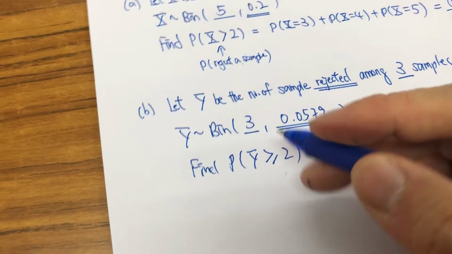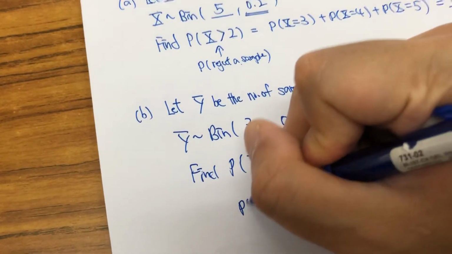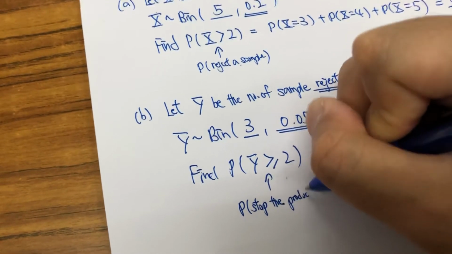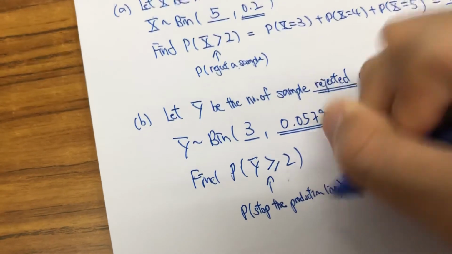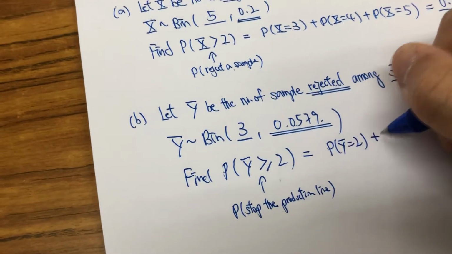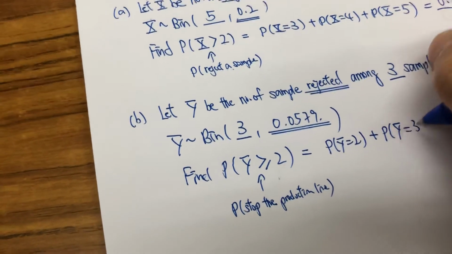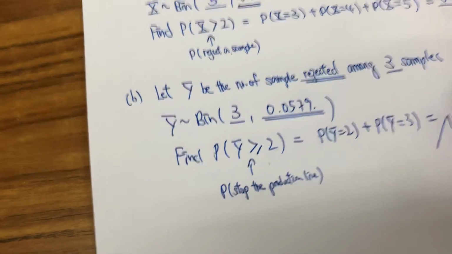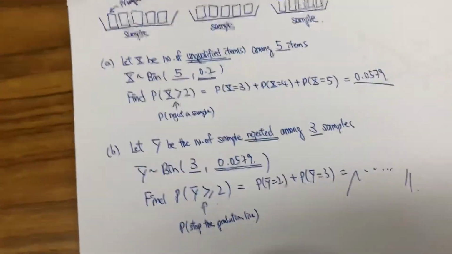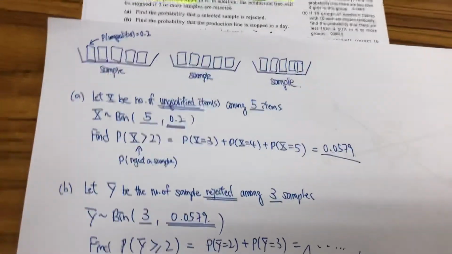Then we stop the production line. This is the probability of stopping the production line. Of course, you have to find Y equals 2 and also Y equals 3, and then you use the formula to continue. Okay? So is it more clear now?